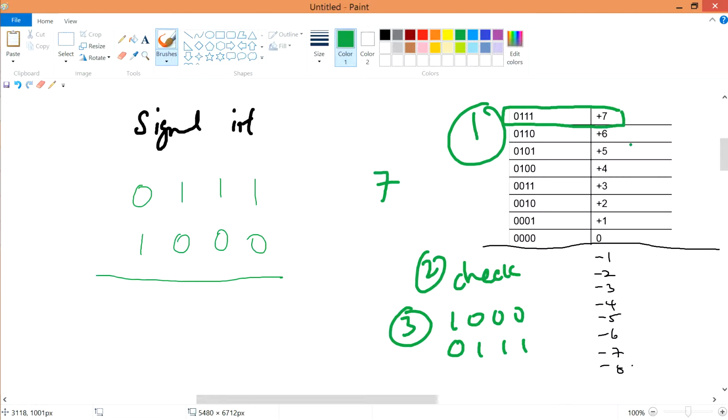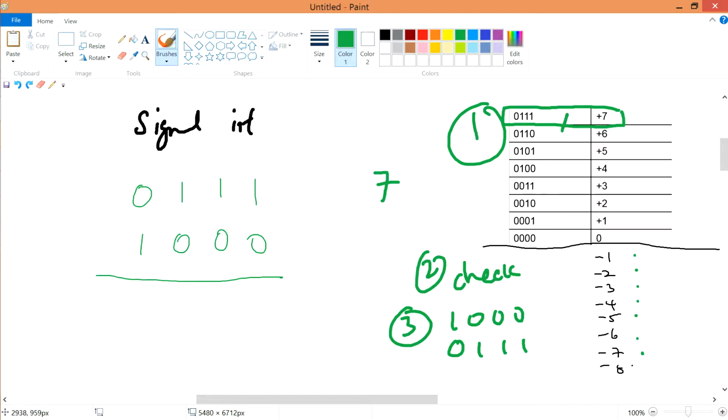Alright, so by symmetry, at this point, how many numbers are there? There are 1 2 3 4 5 6 7. So same thing, I will have 1 2 3 4 5 6 7. Over here this is the 8th number, which is this one over here.